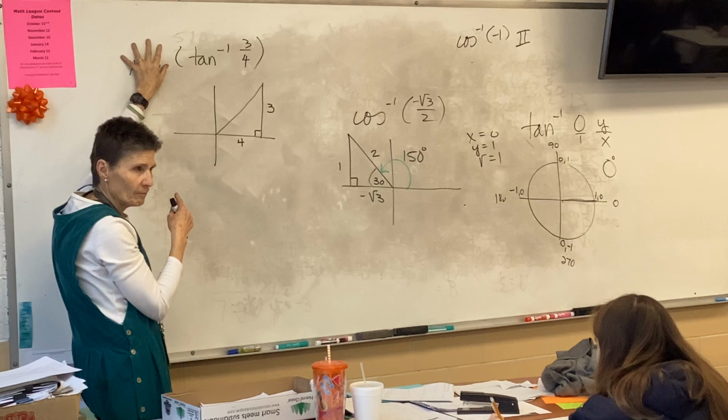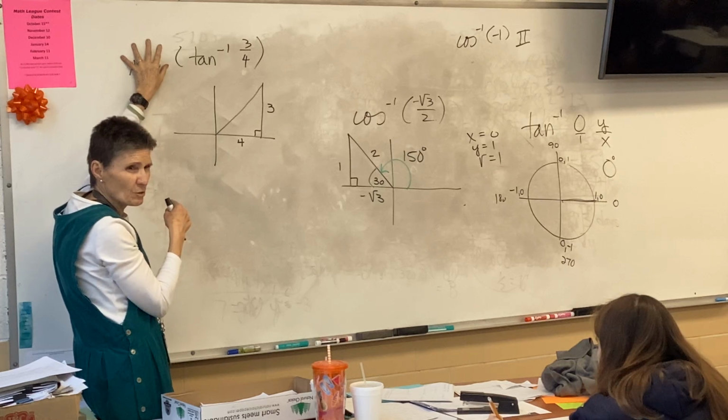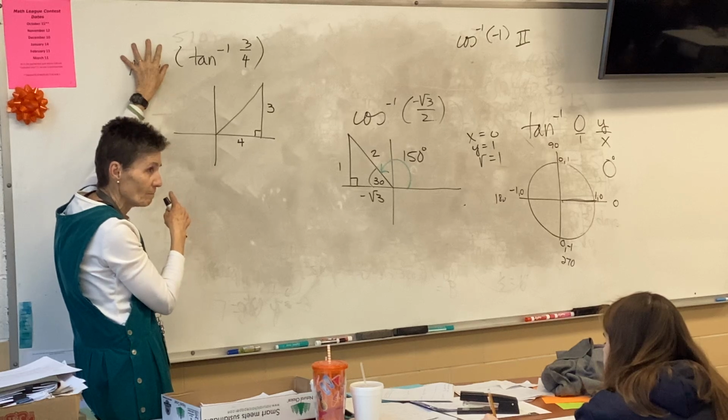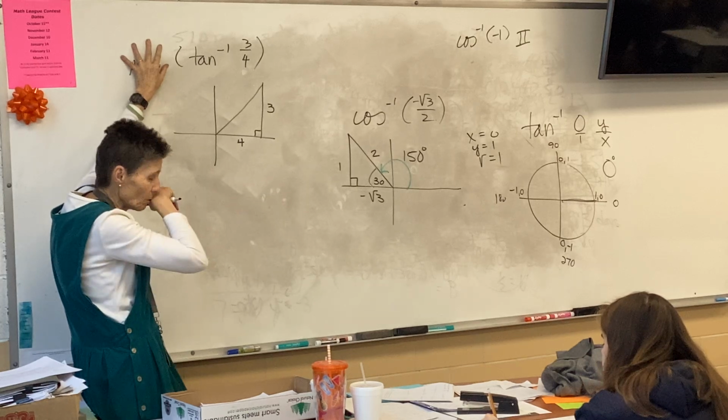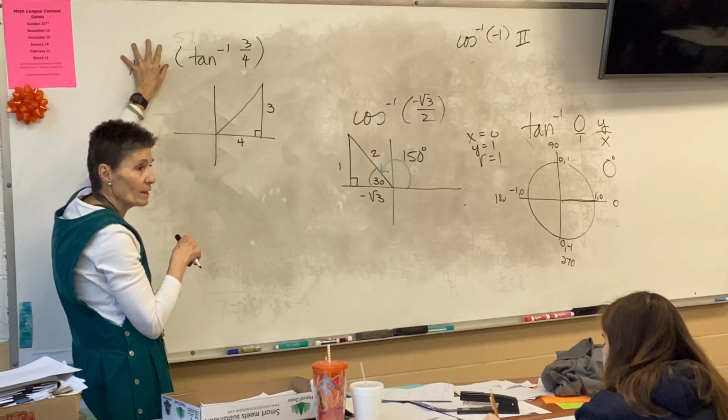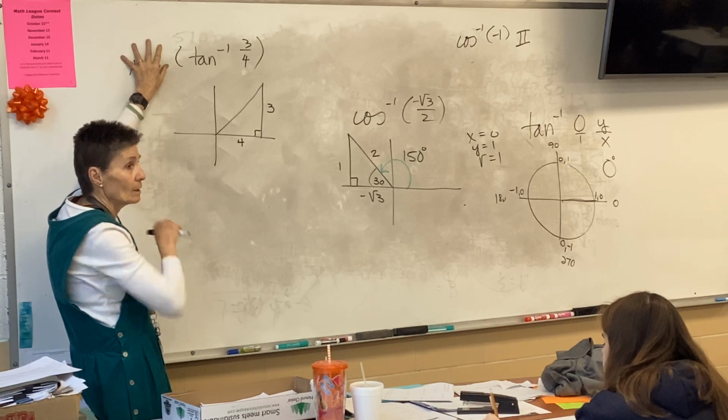We've seen stuff like that before, and what did you do? At this point, you did the Pythagorean theorem. So let's do that. Go ahead and do your Pythagorean theorem and tell me what you get for your hypotenuse.